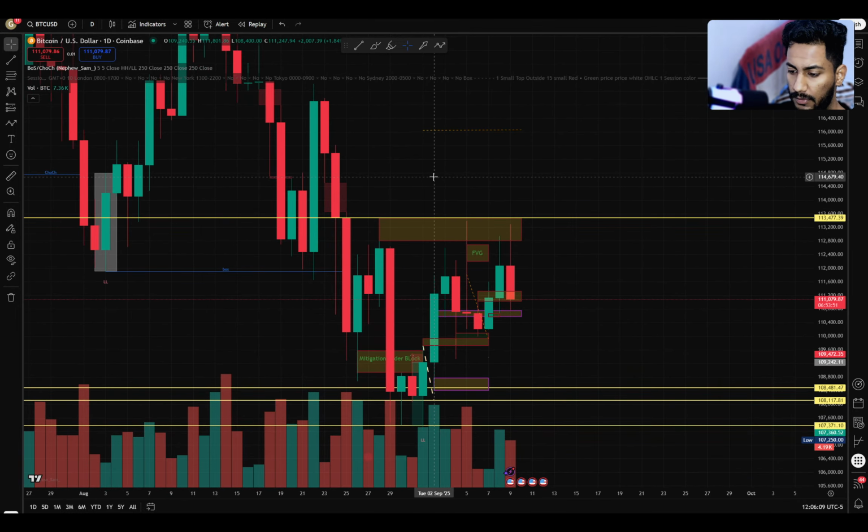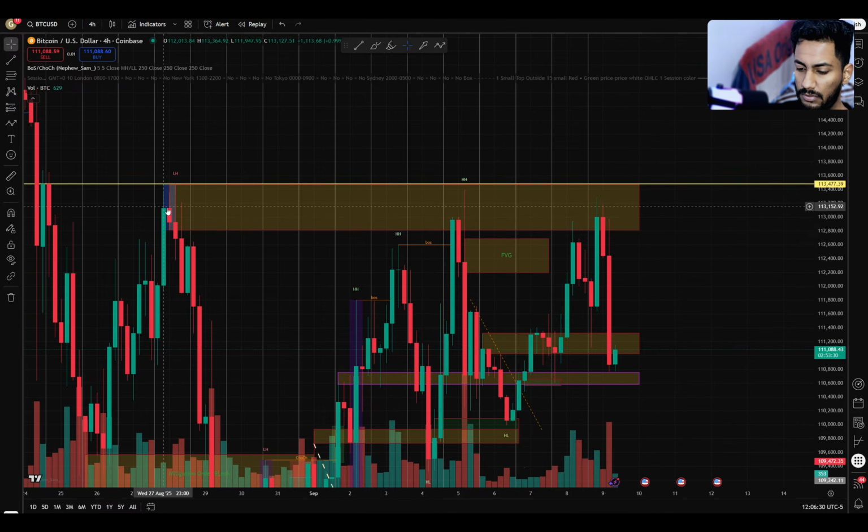So let's go with the 4-hour time frame. Now things are getting clearer, because you can see I have marked this blue rectangle. I have marked the bearish order block here, because see how many times the price has been rejected from this area.